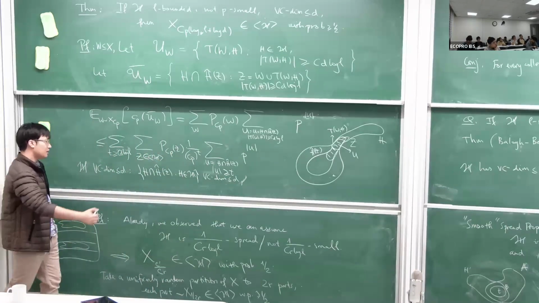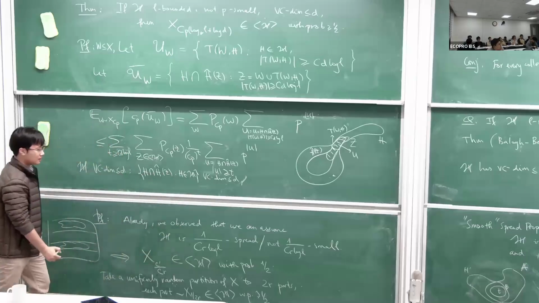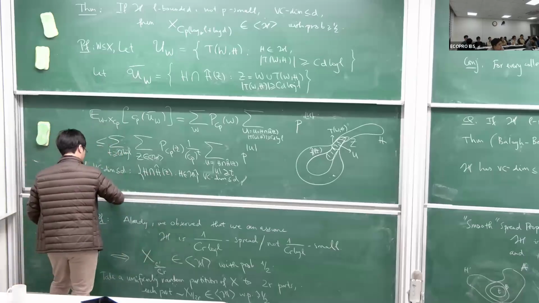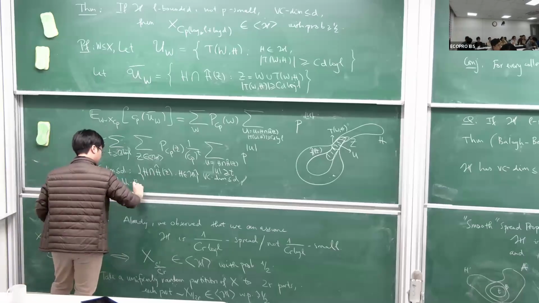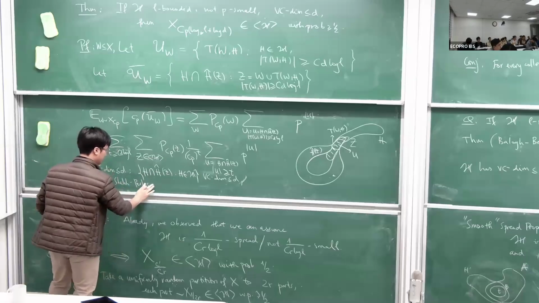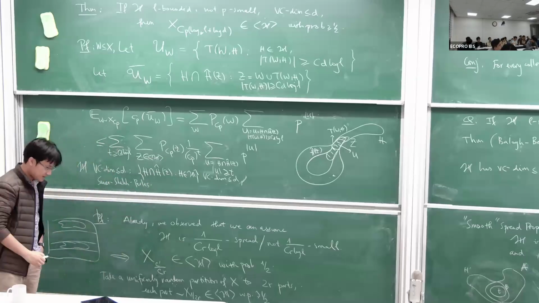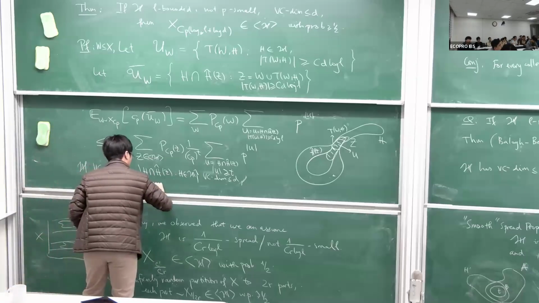And now, because it has bounded VC dimension, by Sauer-Shelah, but also Vapnik-Chervonenkis, you have an upper bound, right?